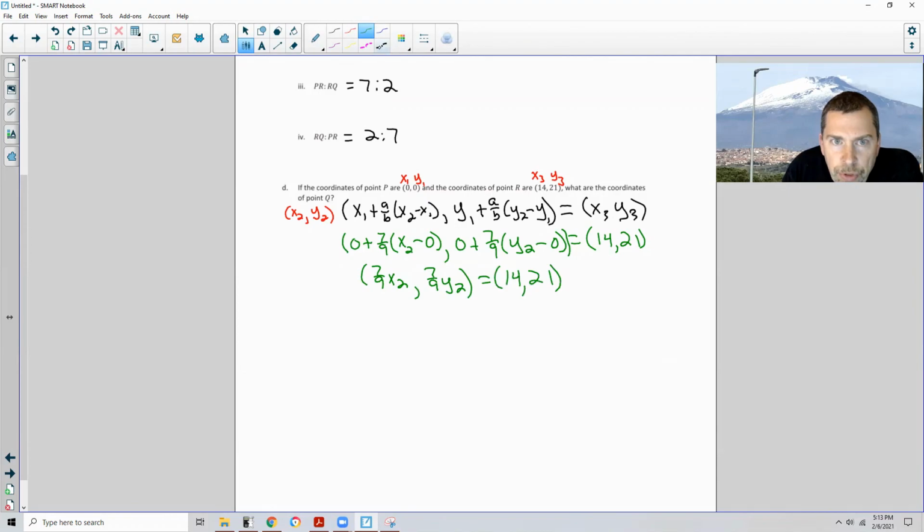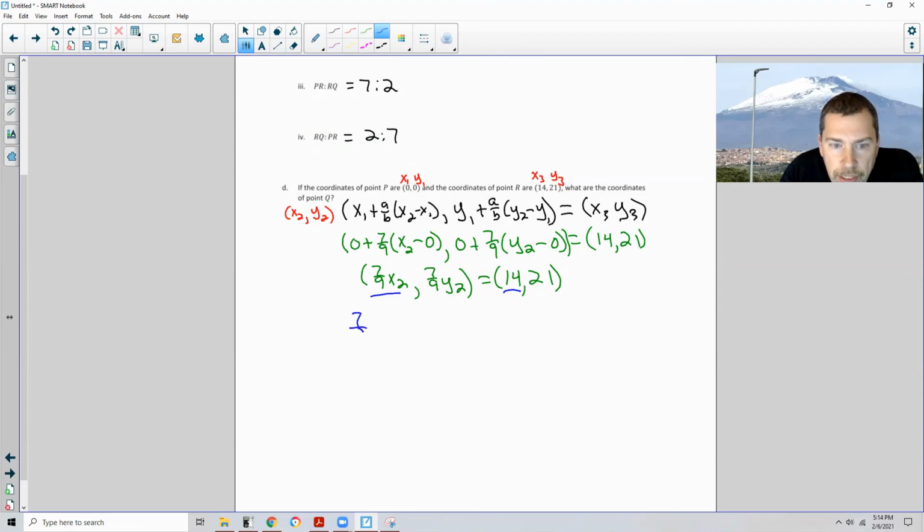Okay, so what we're going to do is we're going to set this equal to that. 7/9 of some value, that's our endpoint, is 14, and 7/9 of some value, y2, is 21. So now to solve this, I'm just going to split this into two equations.